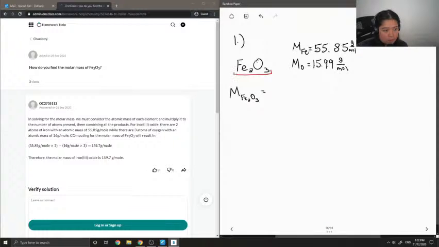So in this compound, you'll notice that there are 2 atoms of iron and 3 atoms of oxygen. So I'm going to multiply my molar mass of iron by 2, and I'm going to add it with 3 times my molar mass of oxygen. So now I can just plug in the atomic weights of these elements.